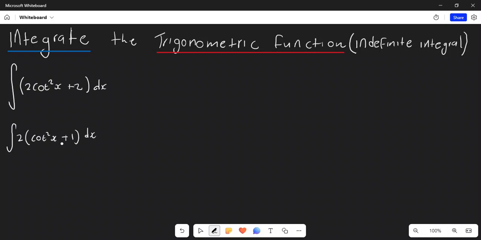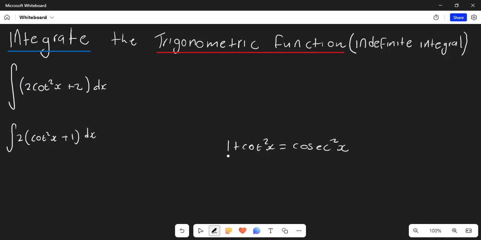Now when you look at this, guys, it looks very familiar. This is what we call the square identity. If you still remember, when you have 1 plus cot squared x, it is the same as cosec squared x.